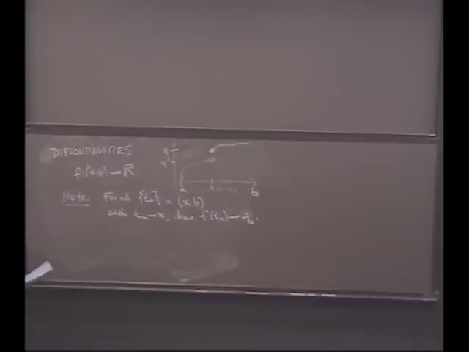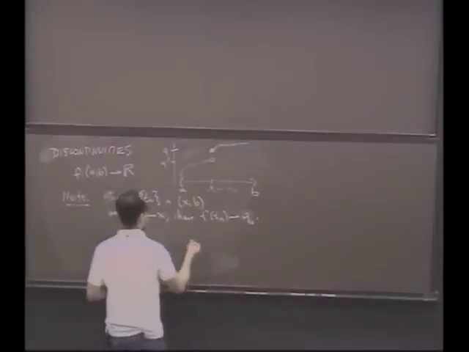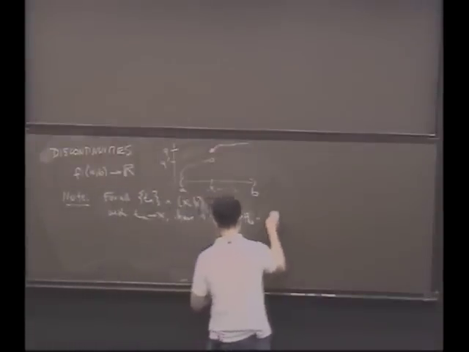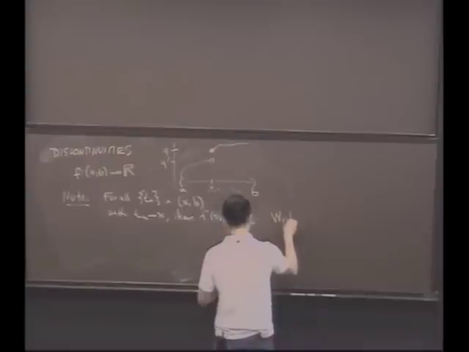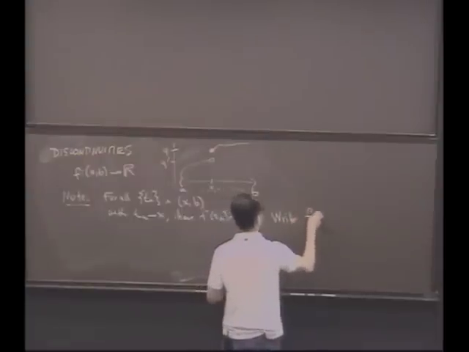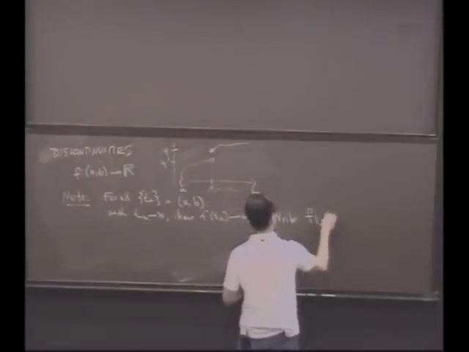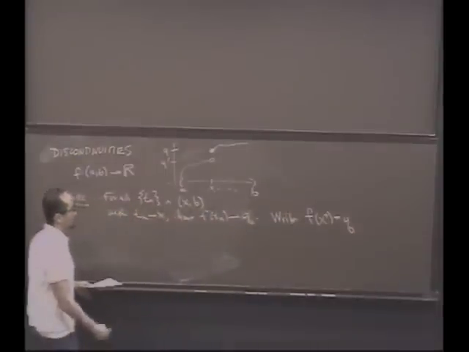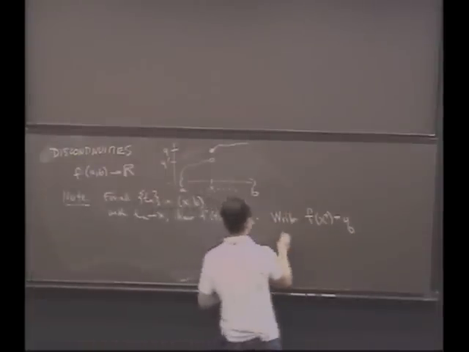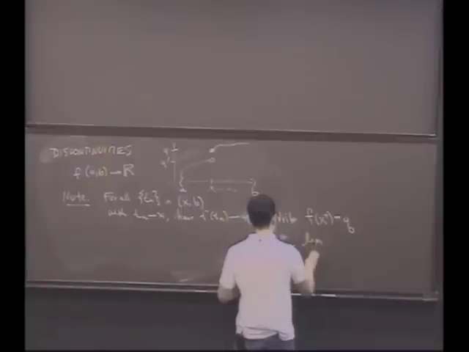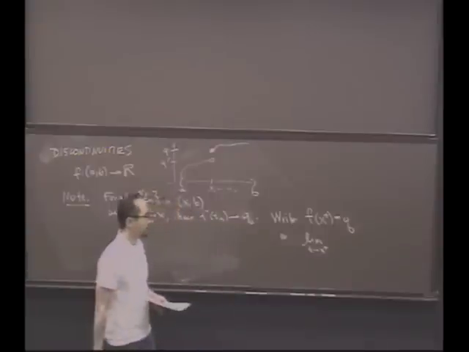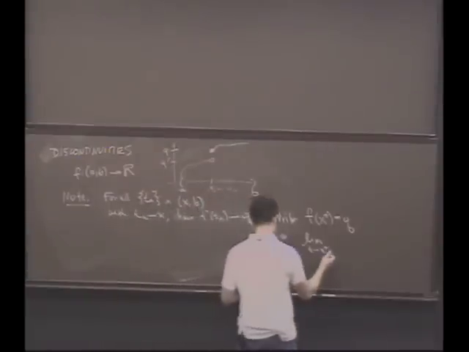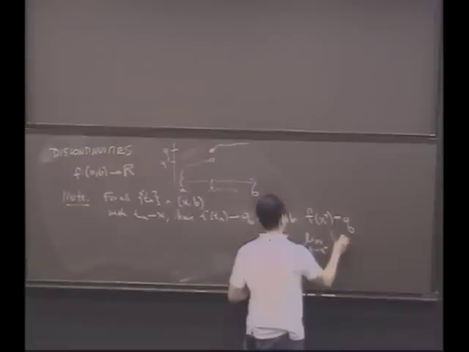Okay. So we'll give this a notation. We'll say here, one way to say this is f of x plus, we'll let that be q. In other words, this is saying that the limit as t approaches x, but from the right-hand side, that's another notation, t going to x plus, of f of t is q.